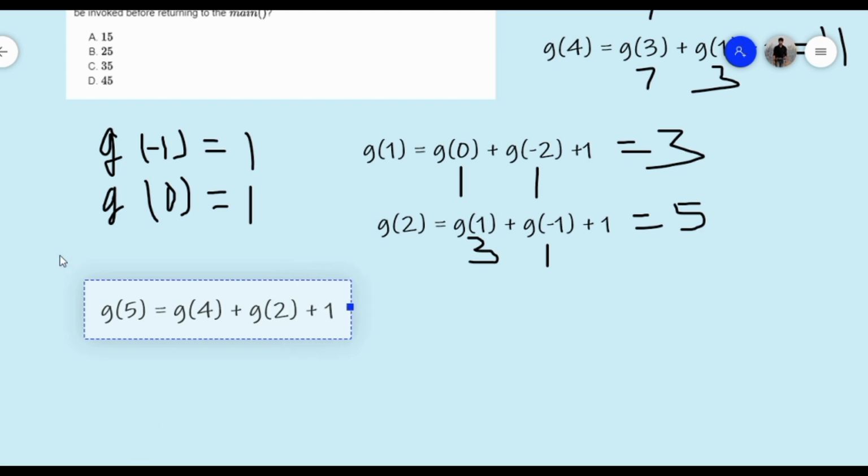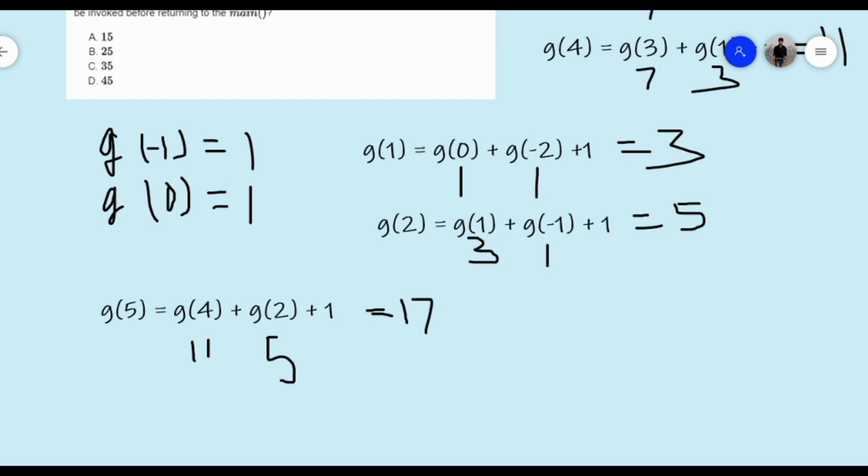For g of 4, how many function calls? g of 4 total 11, and for g of 2 total 5. So for g of 5 the total will be 11 plus 5 is 16, plus 1 is 17.